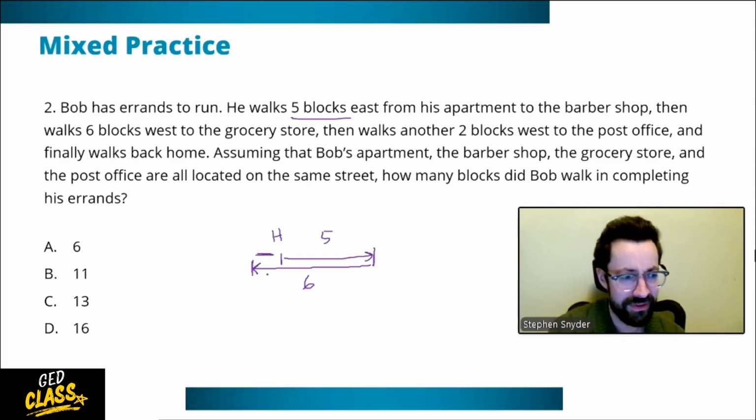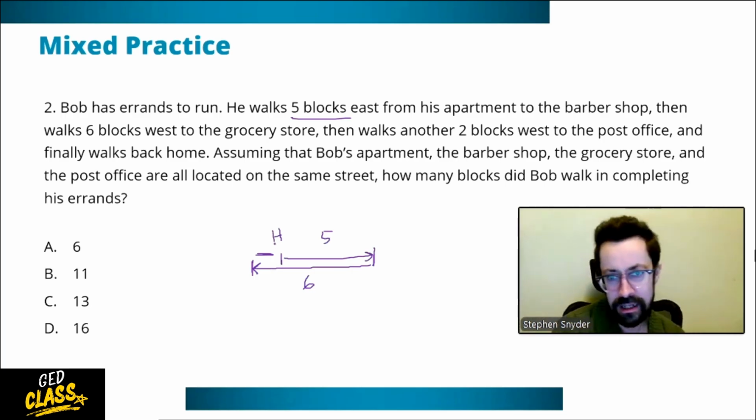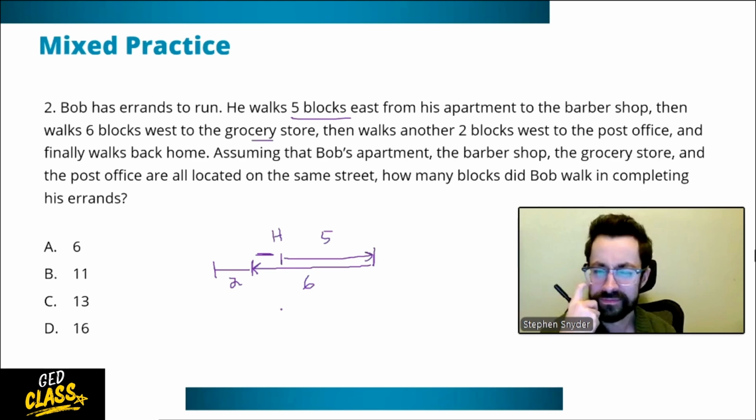He's just one block away from home. He passed home, said hi to family, and then kept walking to go to the grocery store. Oh, because he needs some food. Oh, then he's gonna walk another 2 blocks west to the post office. Okay, so 2 more blocks. And now how many blocks from home is he?